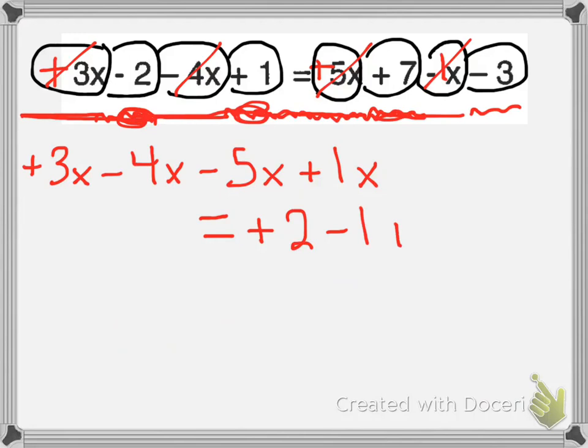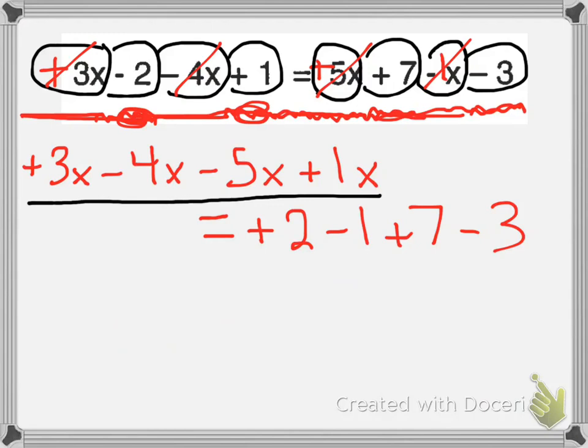Positive 7 stays positive 7, and negative 3 stays negative 3. So now I can just simplify. You can punch into your calculator: positive 3 minus 4 minus 5 plus 1 is negative 5x equals, and positive 2 minus 1 plus 7 minus 3 is positive 5.